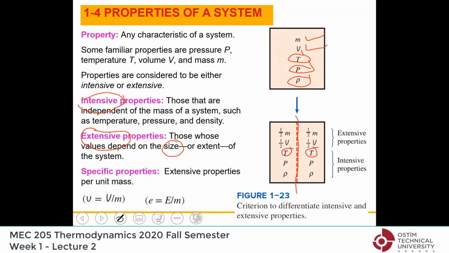Let's say the mass originally was m, right now the mass is half m for this part. And the volume is half the volume. And the energy is, again, half the total energy. But density, pressure, temperature are the same in both parts. So this is how we distinguish between intensive properties and extensive properties.